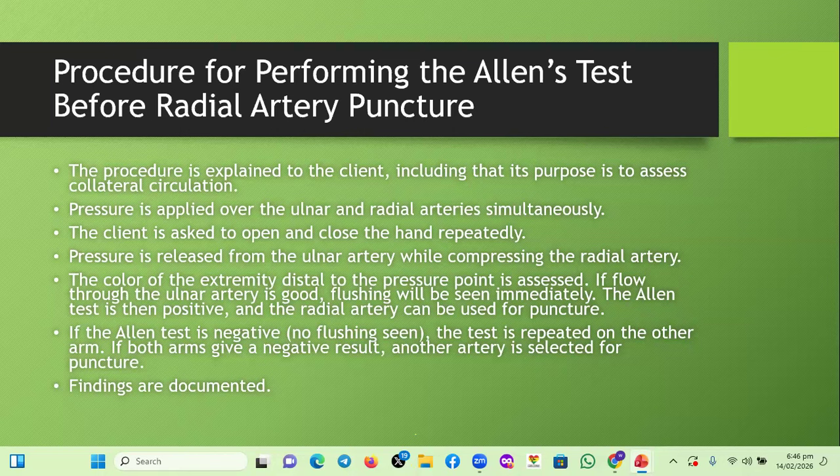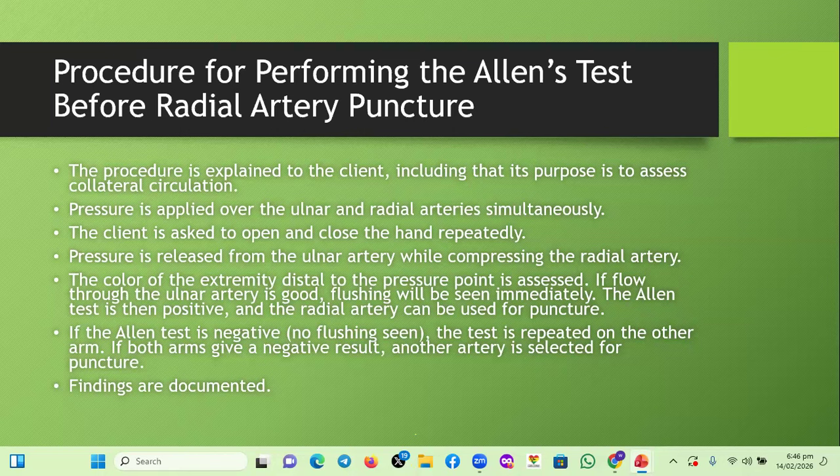However, if you release the pressure from the ulnar artery and flushing is not seen, that means the test is negative. The test is then repeated on the other arm. If both arms give a negative result, another artery is selected for the puncturing.